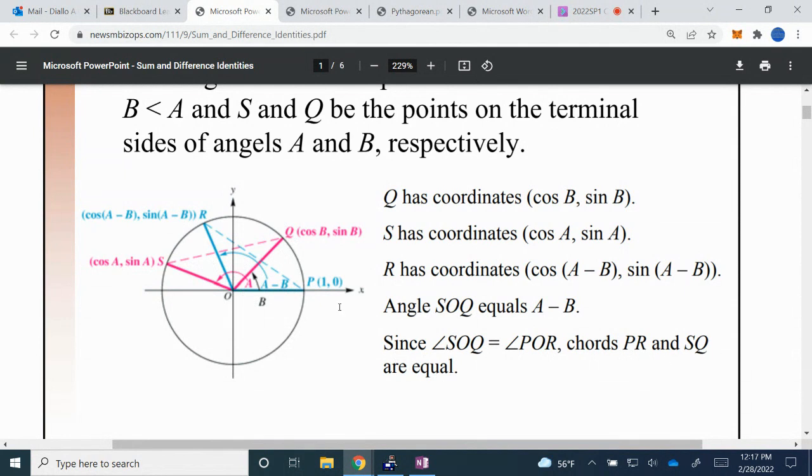So the length of chord PR and the length of chord SQ are equal.